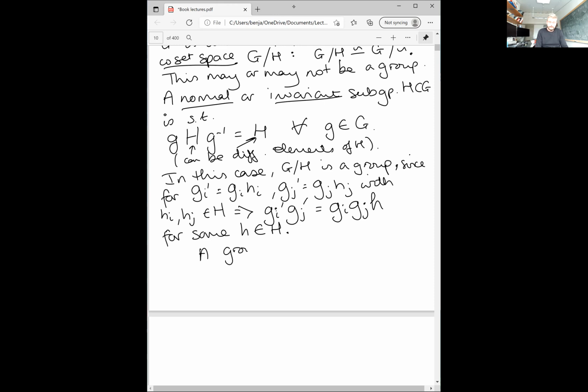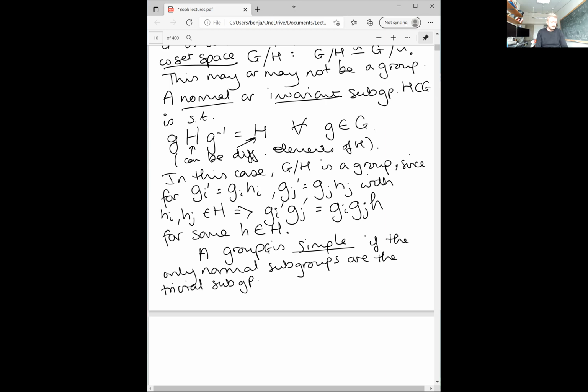So a group G is simple if the only normal subgroups are the trivial subgroup given by the identity, so it's a set of just the identity, and the group itself.